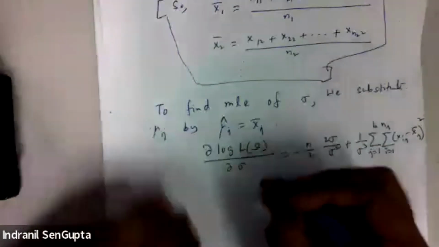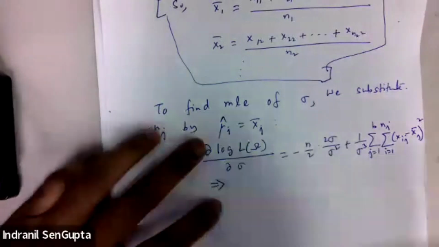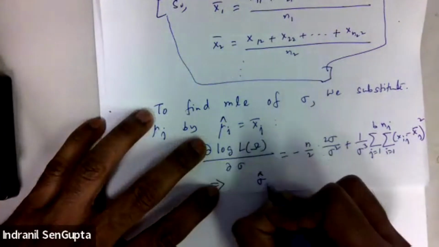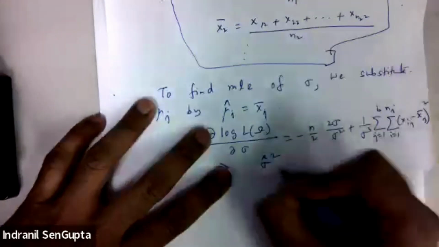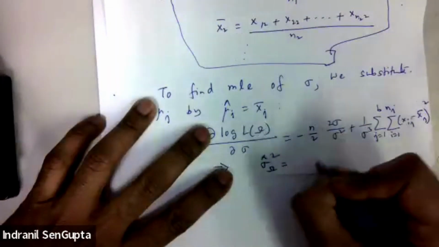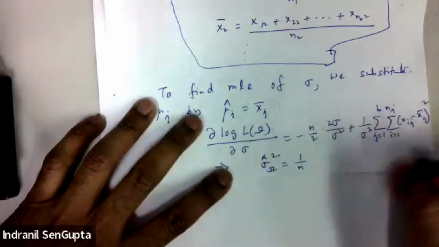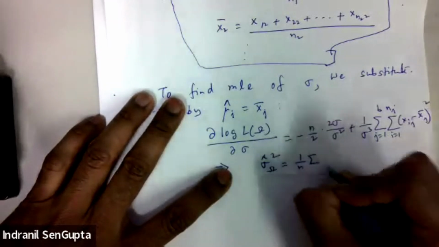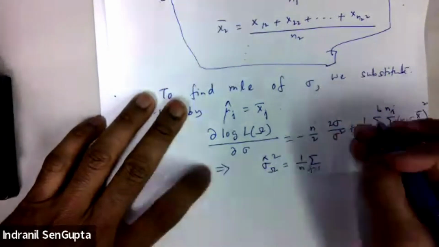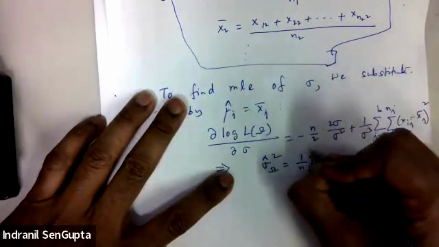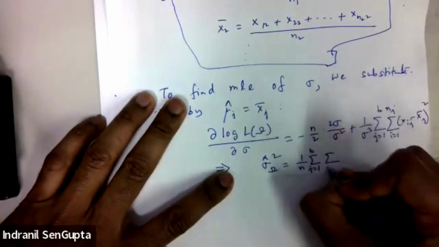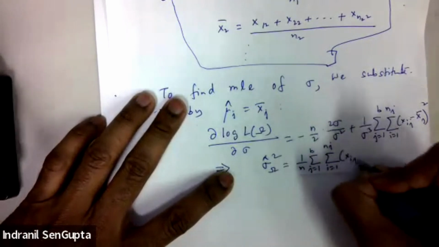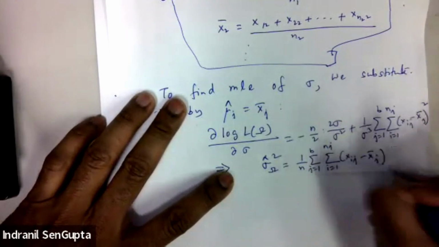And thus we found, after a simplification, sigma hat squared in omega, which is 1 over n, after setting this to 0, the sum over j from 1 to b, i from 1 to n sub j, of x_ij minus x j bar squared.